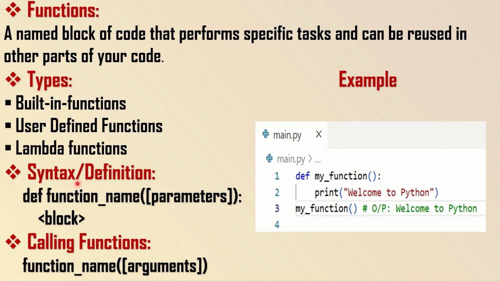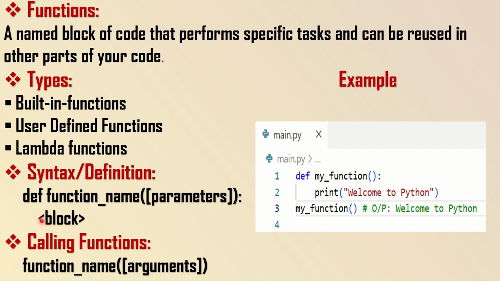Let's see the syntax. This is the syntax to define a function. A function definition always starts with the def keyword, followed by the function name and then parentheses, inside which we pass the parameters to the function. There can be any number of parameters, separated by commas, and this statement ends with a colon.